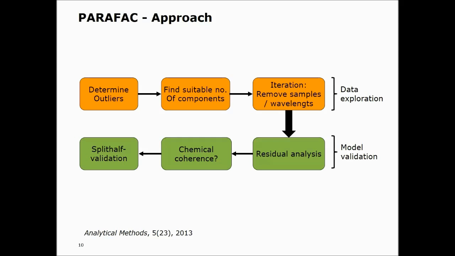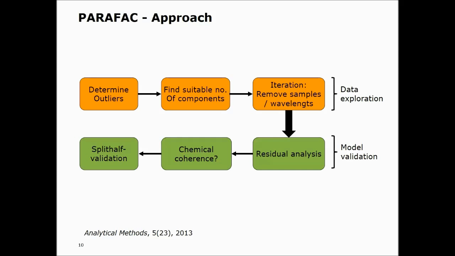In the first phase, the data exploration, we fit a number of models, and this can be quite a long process, can be quite annoying sometimes, where you have to go back and forth a lot, but in the end it'll be very much worth it for the model validation phase. So the first step is that we fit a number of ParaFAC models to determine outliers.